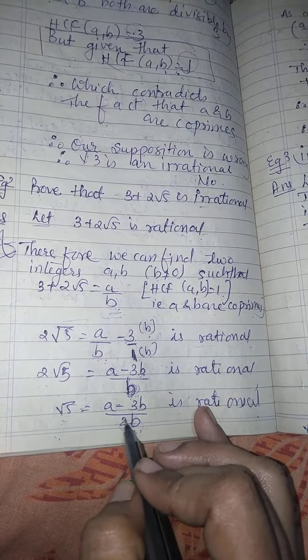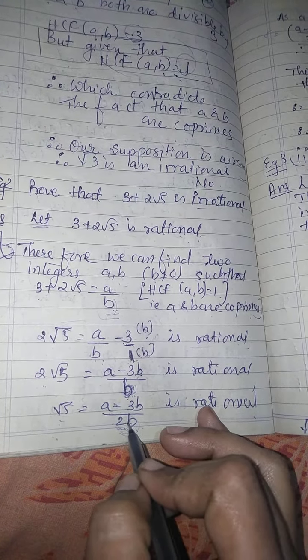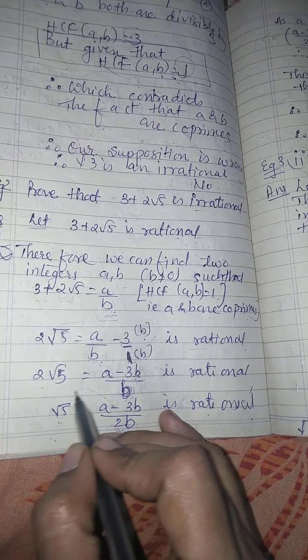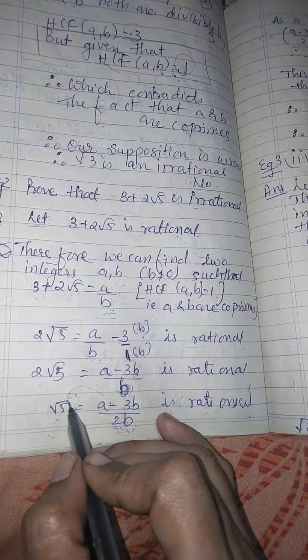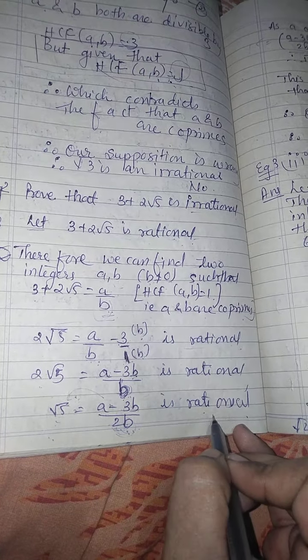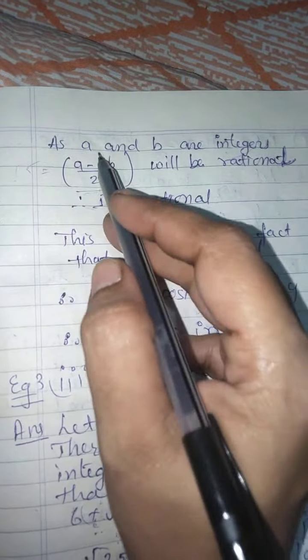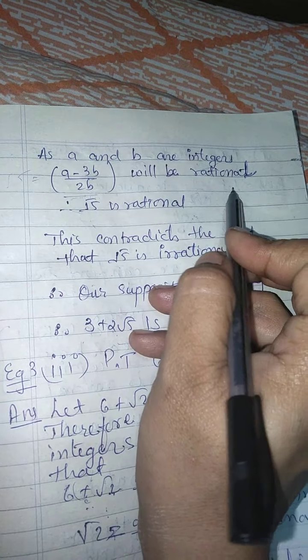Here, as a and b are integers, a fraction formed by integers is rational, and a minus 3b upon 2b is equal to root 5. So if this is rational, then root 5 is also rational.